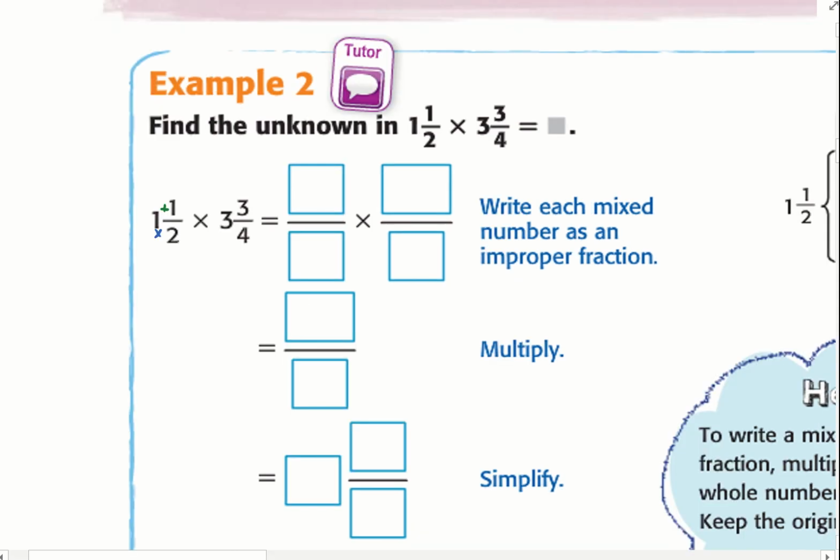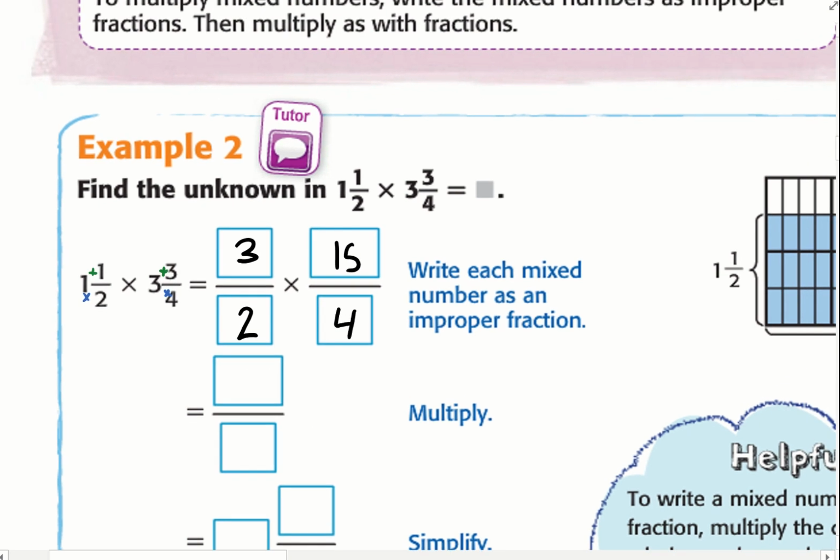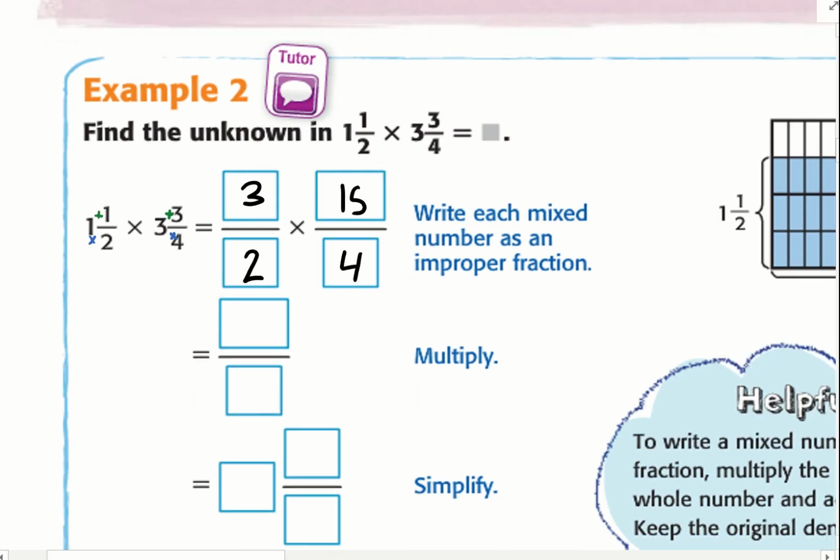No. So 2 times 1 is 2, plus 1 is 3. So I have 3, and my denominator stays the same. 4 times 3 is 12, plus 3 is 15, and my denominator stays the same. So now, both my mixed numbers are improper fractions.